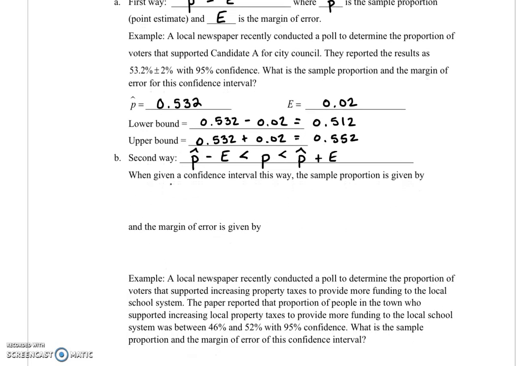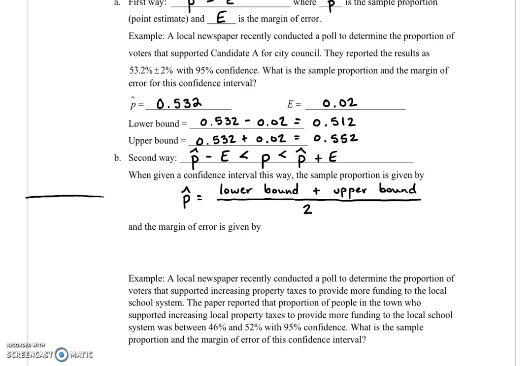So if they told us the two boundaries, how would we find the p hat? Well, p hat is the lower bound plus the upper bound, and then we divide that sum by 2. So we take the average.